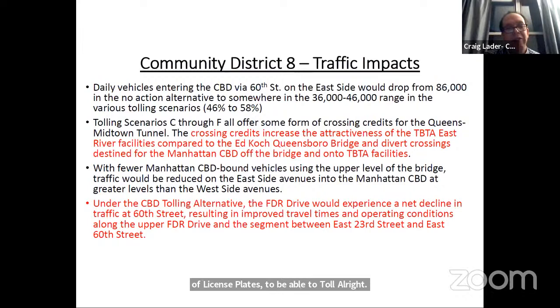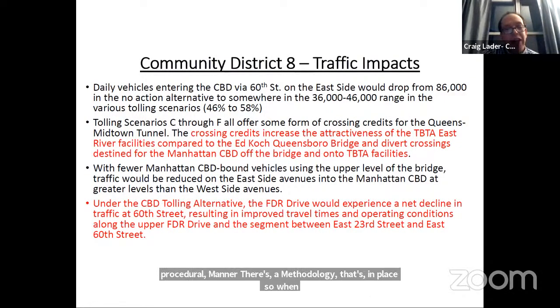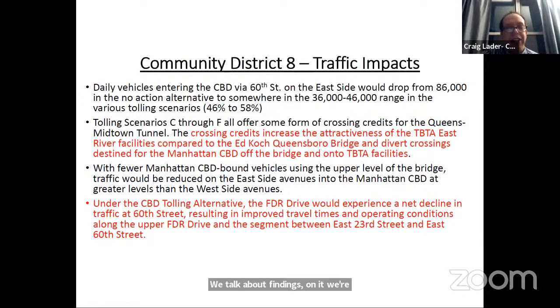And then the environmental impact talked about traffic impacts. I always like to say the environmental assessment is done in a very specific procedural manner. There's a methodology that's in place. So when we talk about findings, we're talking about findings as they relate to potential significant impacts.